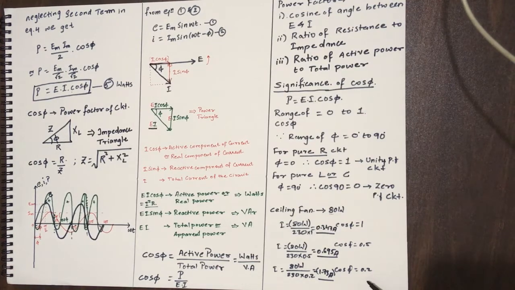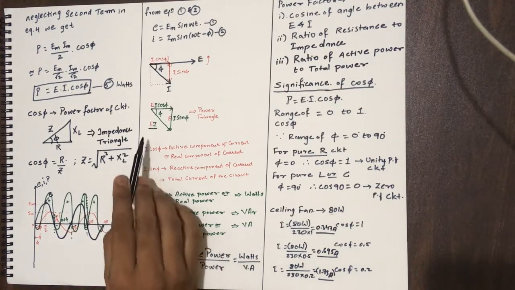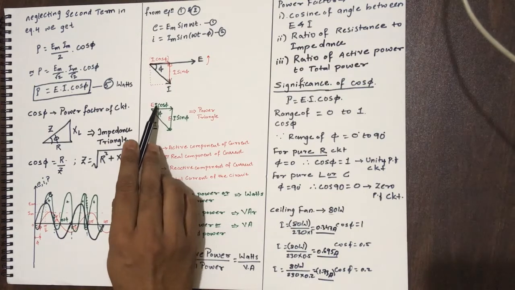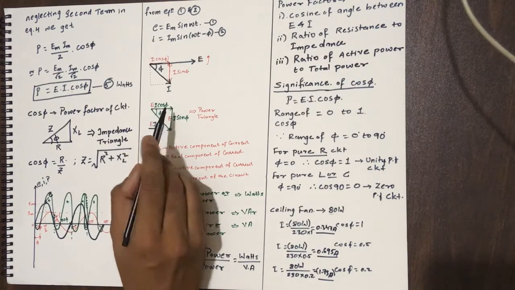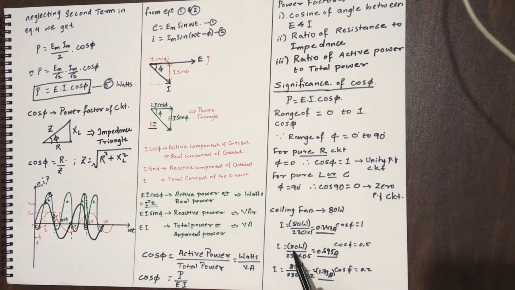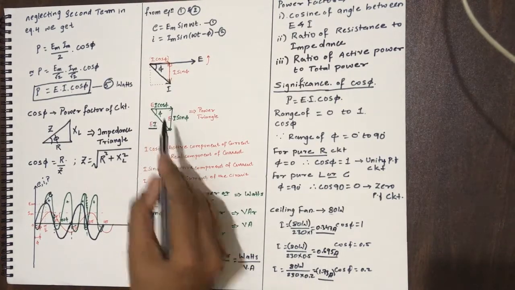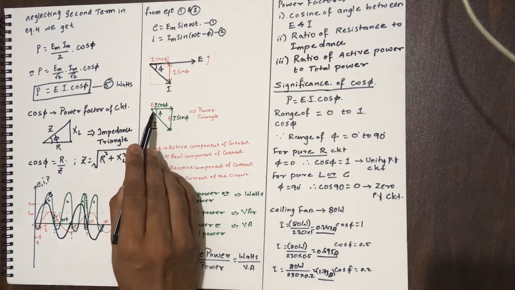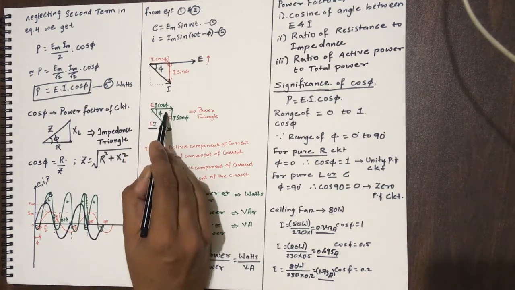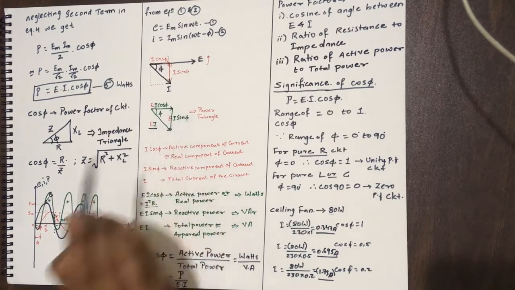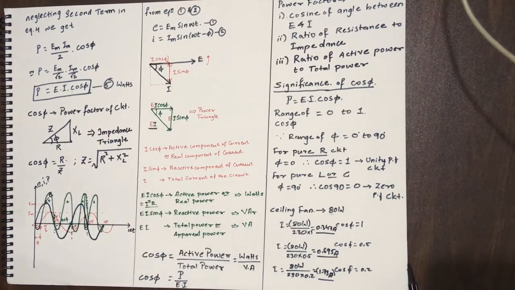The total power will remain constant, that is EI cos phi. When EI cos phi is constant, say 80 watts in this case, what is happening is that as cos phi is reducing, sin phi is increasing, because cos 0 is 1 and sin 0 is 0. Cos 90 is 0, sin 90 is 1.